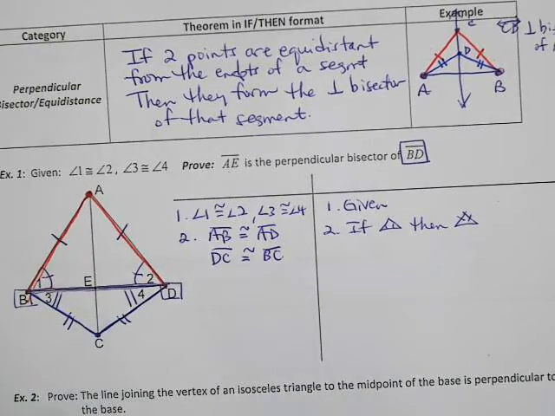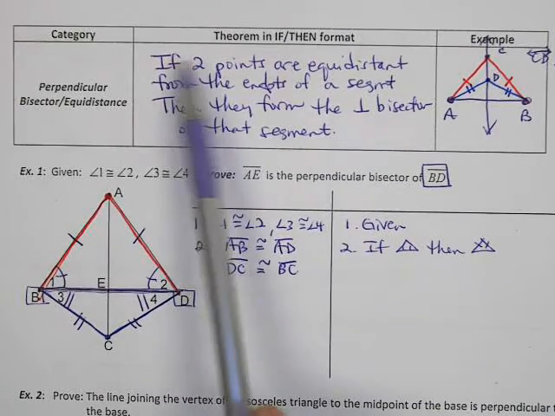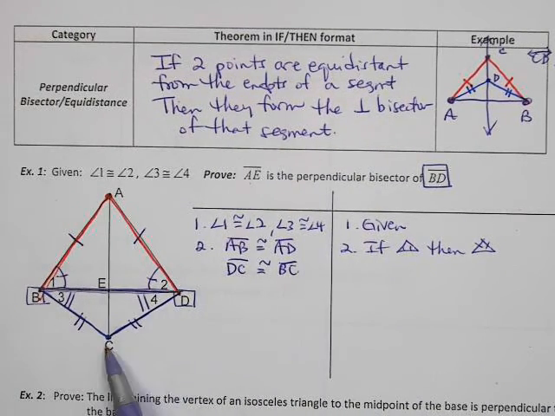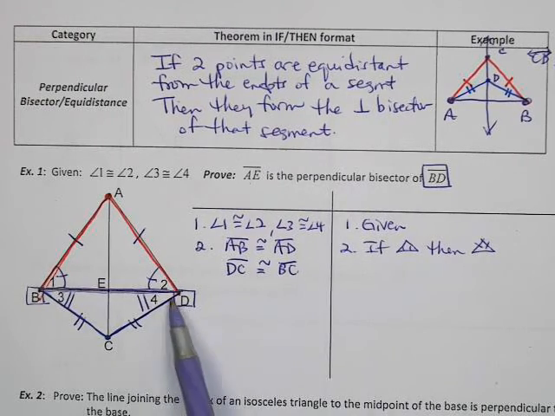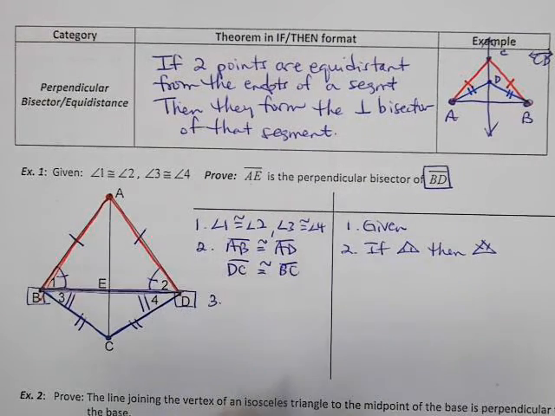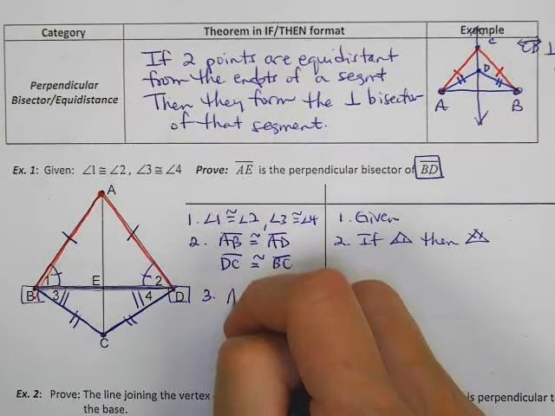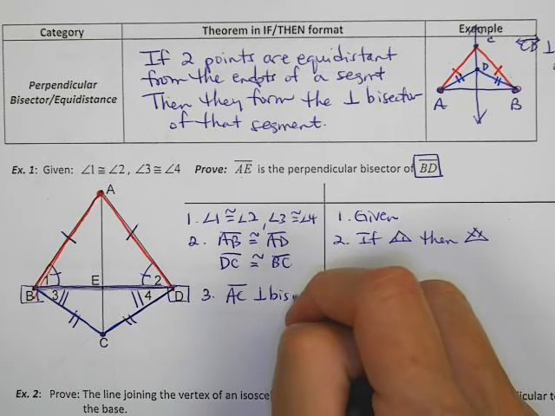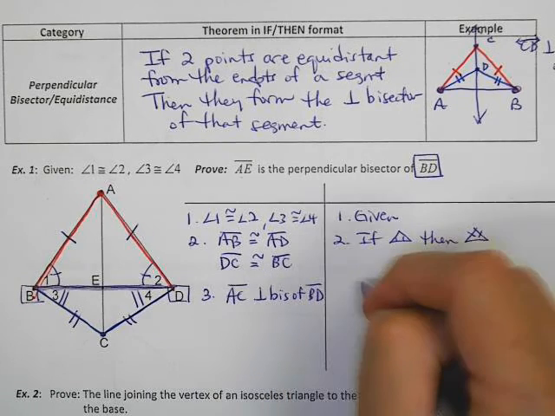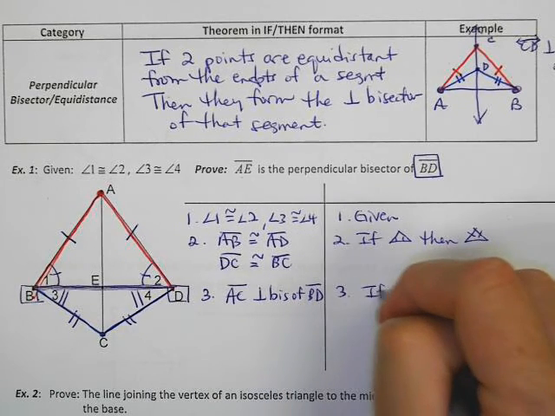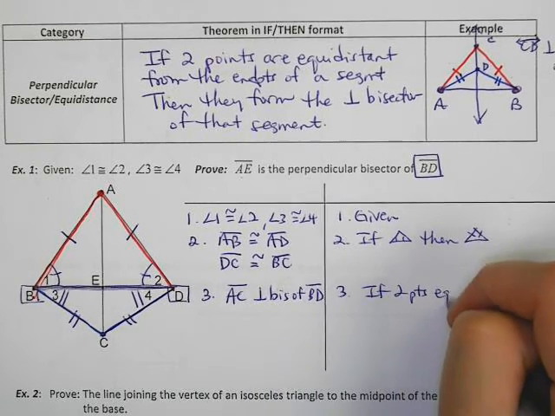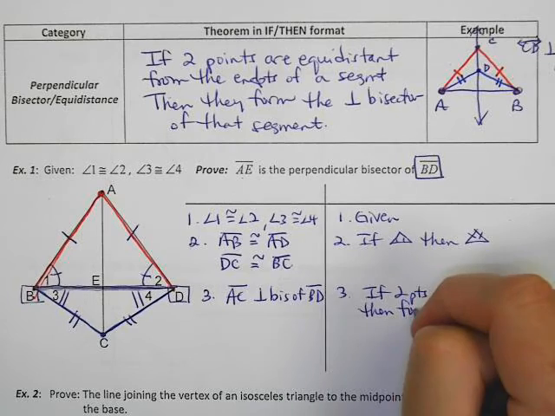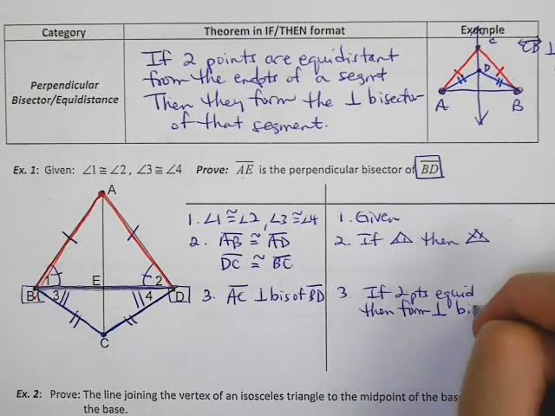So I can employ my theorem up here: if 2 points are equidistant, I have A and I have C equidistant from B and D, then together those 2 points, AC, must form the perpendicular bisector of BD by my theorem above. If 2 points, let's abbreviate here, equidistant, then form perpendicular bisector.